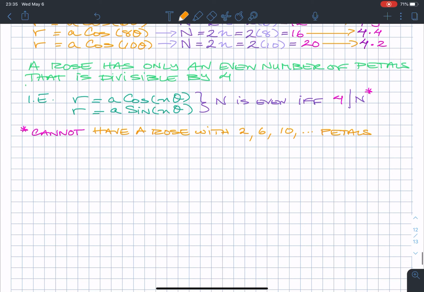So note, a lemniscate has 2 petals, but note that its equation is r squared equals a squared cosine 2 theta.